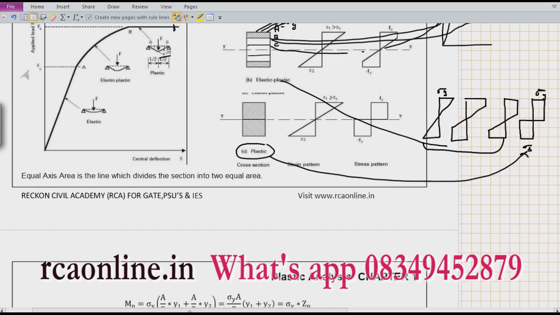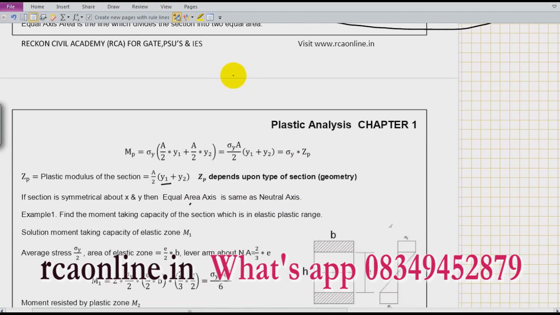Now in plastic, we are not able to apply this formula, M over I is equal to f over y is equal to E over R. It is not applicable for plastic. Is it okay? So what formula is applicable to plastic?